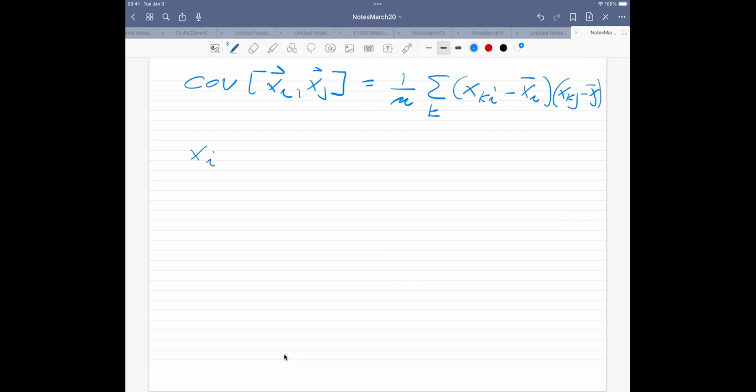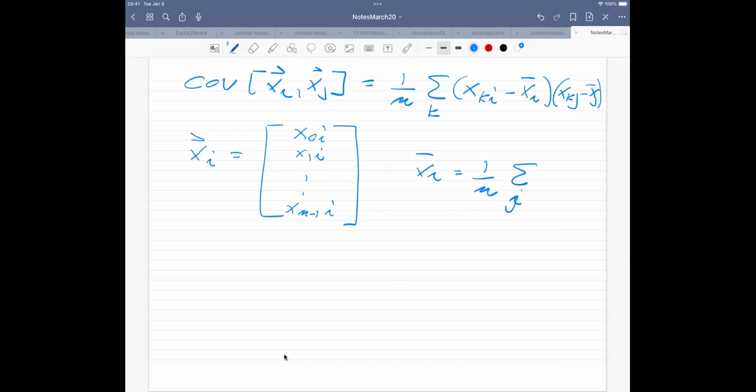So we have this vector x of i, that is simply the quantity x0i, x1i, and this goes all the way down to xn minus 1 of i. This quantity, which we label as the mean of x of i, is just the mean value. And that has a sum over j, from 0 up to n minus 1, of x of j of i.